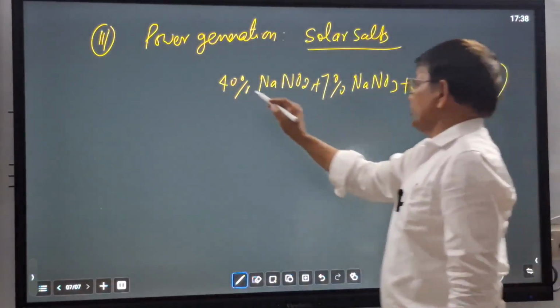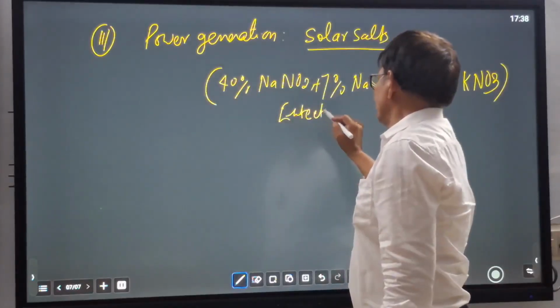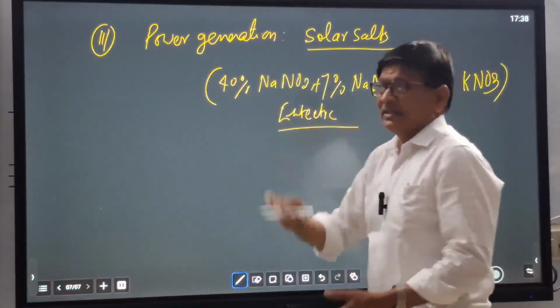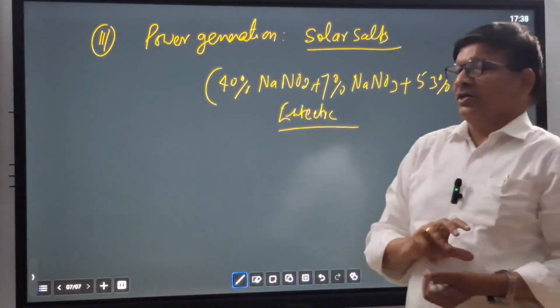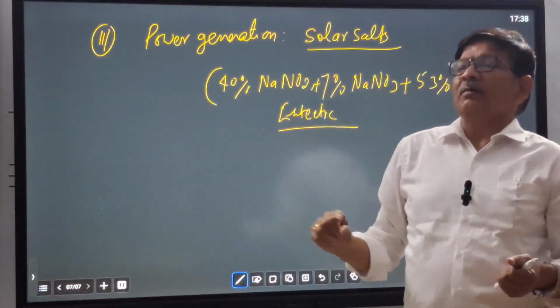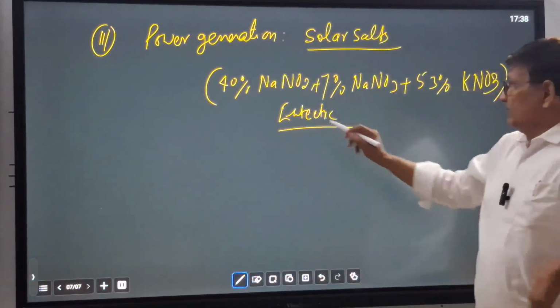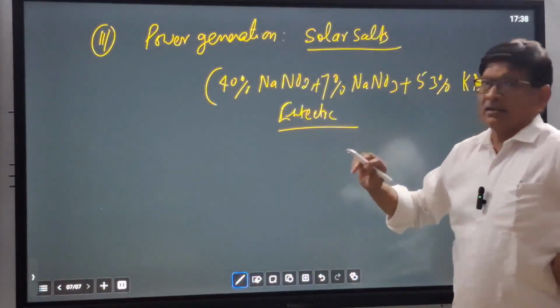This combination is a eutectic combination. Eutectic means a sharp melting or solidification; there is no varying melting point, eutectic means a sharp melting point.